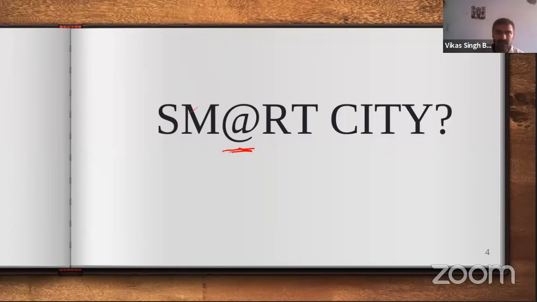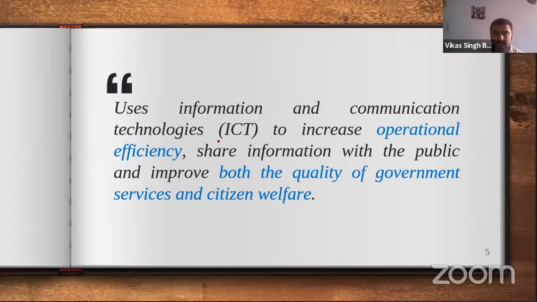This one is: a smart city uses information and communication technology, meaning the use of ICT tools is a must in smart cities. This use of ICT is for the purpose of increasing operational efficiency, and sharing information with the public.